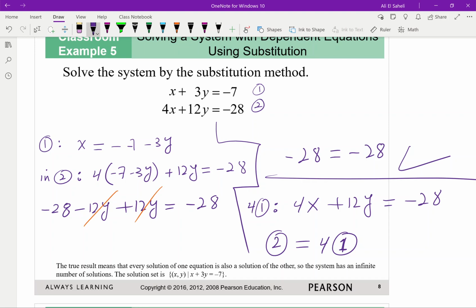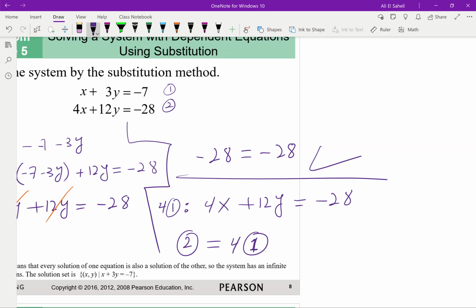So we have infinitely many solutions, and we say that the solution set is the set of all x, y such that x, y satisfy this condition. This condition, which is equation 1, is simpler than equation 2, and that's why we use it.